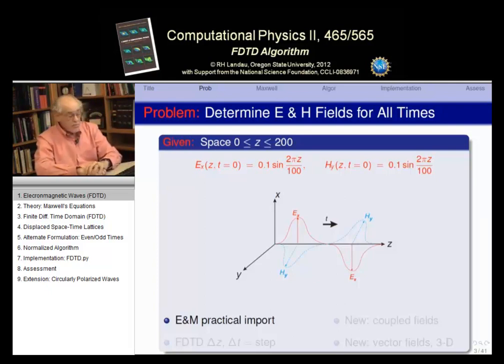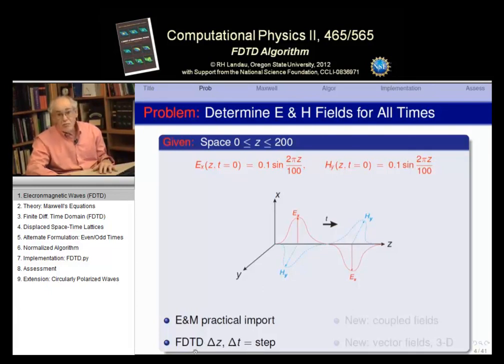So this is our problem. As I stumbled over at the beginning, this is called the FDTD method. People are always making up new names to think what they're doing is different from what others have done. It's not. FD means finite difference. Why? Well, because we'll have finite differences for space, delta Z, and we'll have finite differences for time, delta T. That's the finite difference.